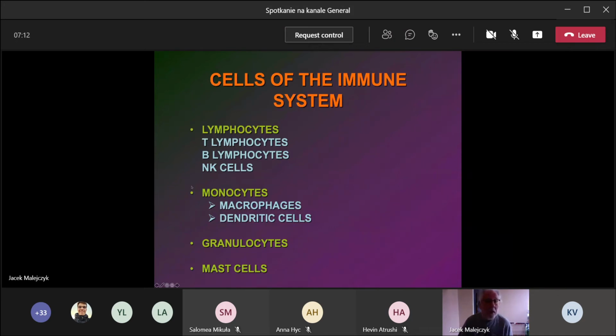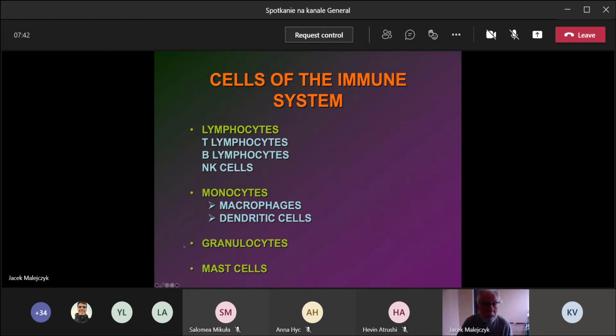The cells of the immune system, except lymphocytes, also include the cells which arise from the monocytes. The monocytes, as you remember, are released from the bone marrow. They go to the circulation, and in the circulation we call them monocytes. When they go to the tissue, they undergo the process of differentiation and may change into macrophages or dendritic cells.